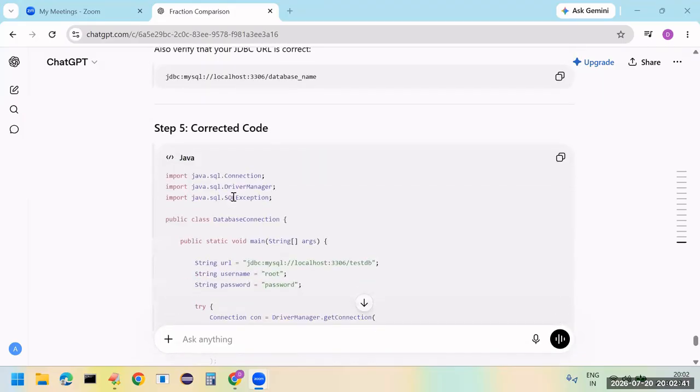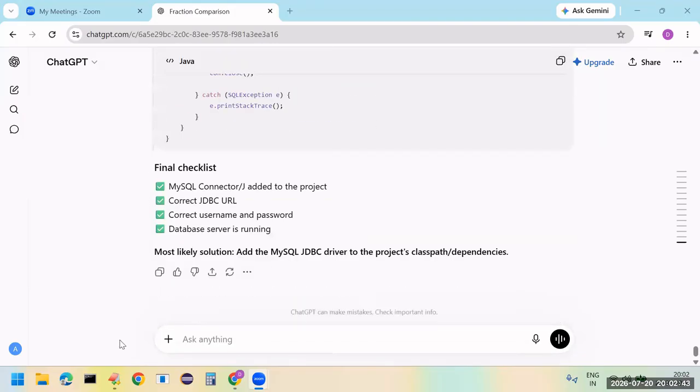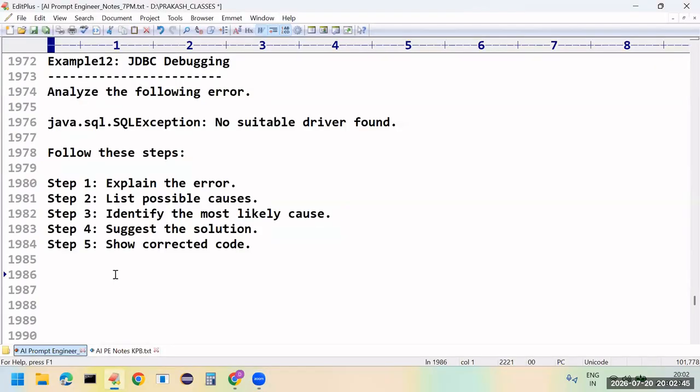What is the solution? How can you solve that? That's all. Clear, friends? Please respond. Clear up to this?